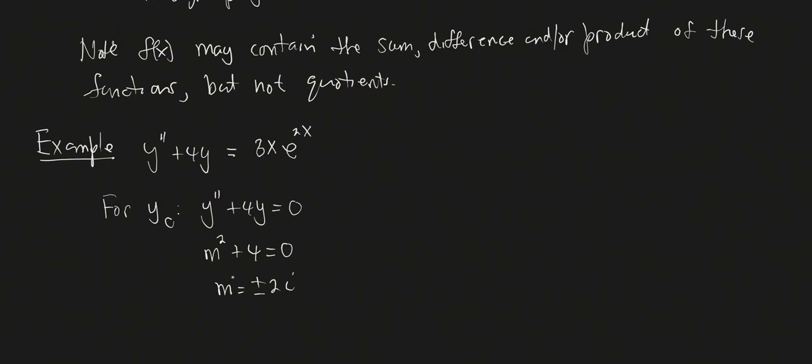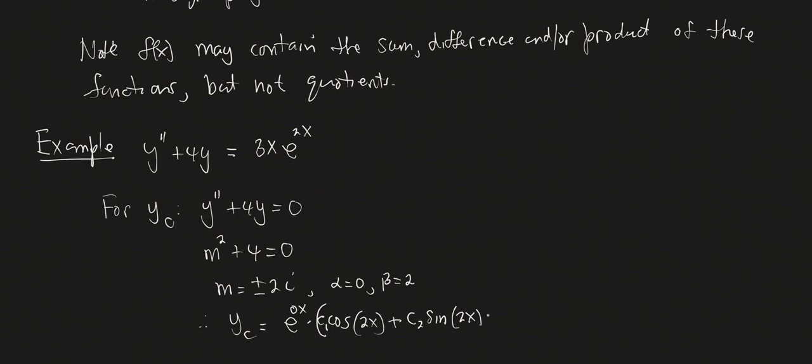So this is now actually case 3. And here our alpha is 0 and beta is 2. So therefore y sub c is, and I'll write it in the factored form, e to the alpha x times cosine of beta x, well, I forgot my c1, and then plus c2 sine of beta x.